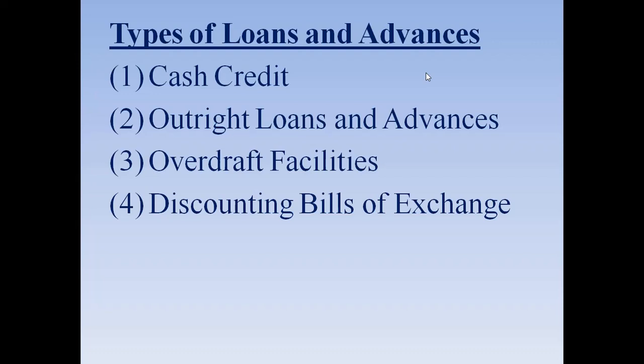For example, if a bill is drawn for 3 months, and you are the drawer and I am the drawee, and you as a drawer need money just after 1 month, then after a month you can take the bill to the bank and that bill will be discounted. Because as per the Negotiable Instruments Act, a bill of exchange is regarded as a negotiable instrument, just like bank checks.